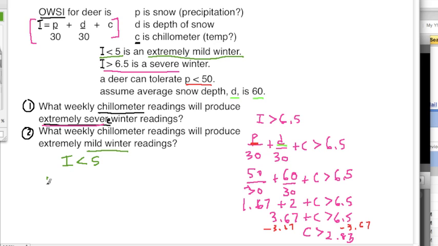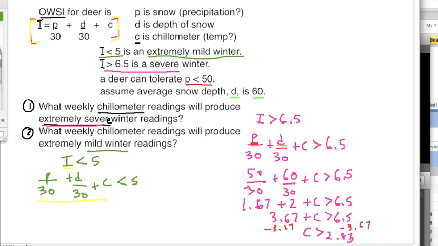It's when P over 30 plus D over 30 plus C is less than 5. All I did was take I and put in our equation for I right there.